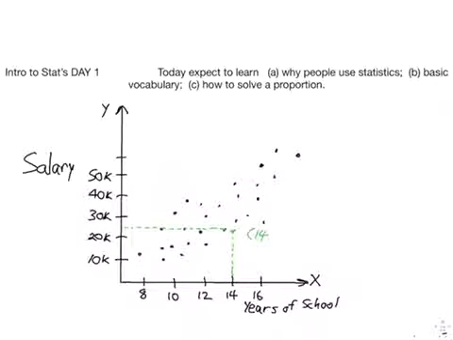So we've got the point where X is 14 years of school and Y is roughly $25,000 in salary. Not the greatest salary in the world.